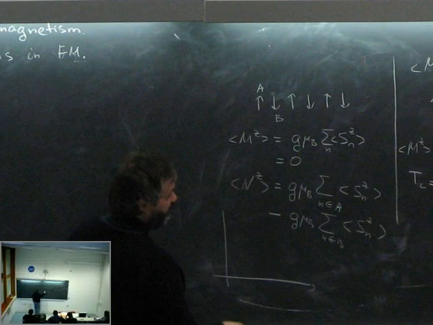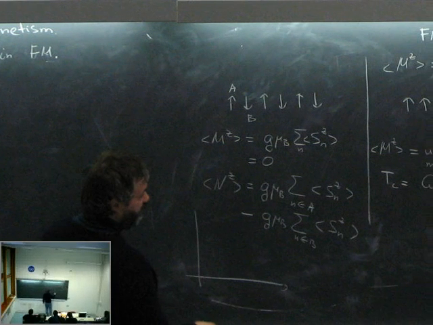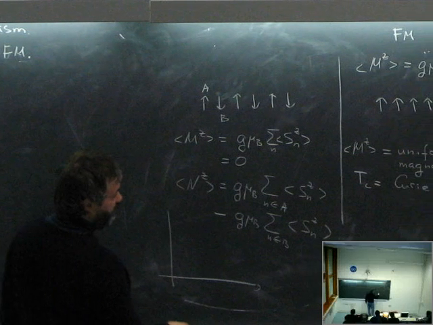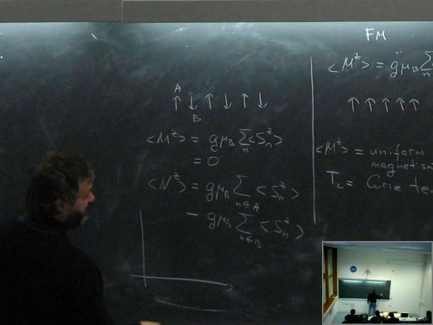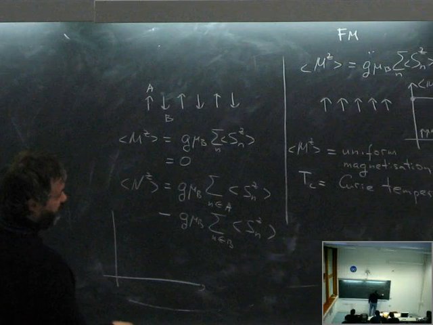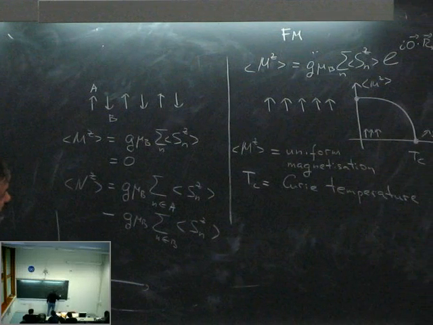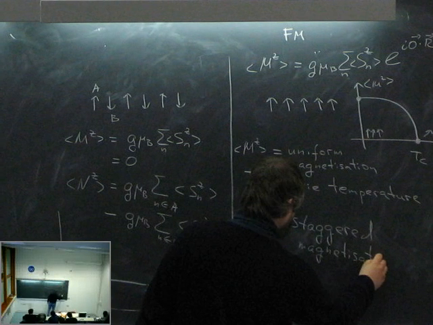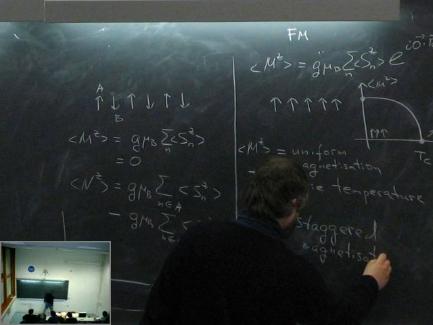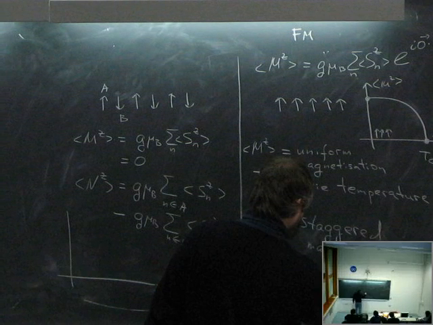But this N is called staggered magnetization. It behaves pretty much the same way as uniform magnetization for a ferromagnet.